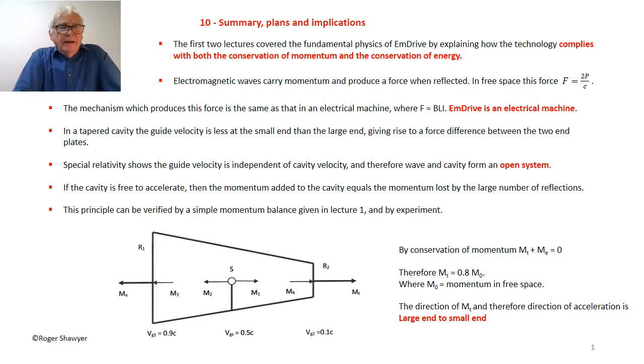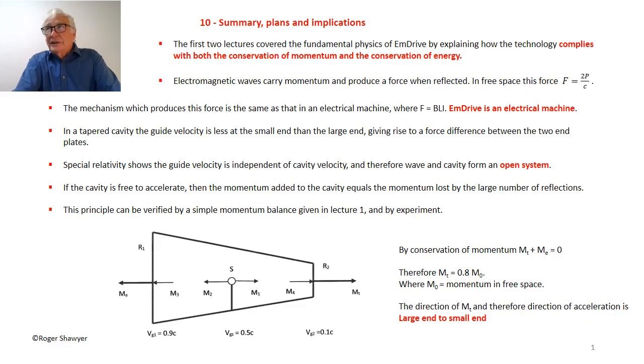Now, you can verify this by experiment, which has been done many times in many different ways. But you can also verify it by looking at it theoretically in a very simple momentum balance.